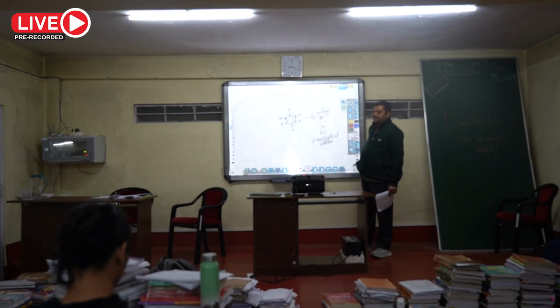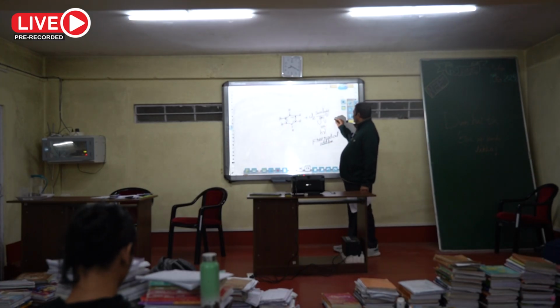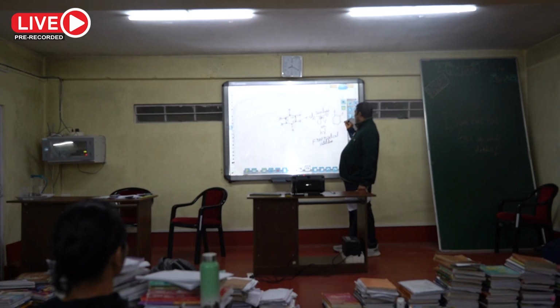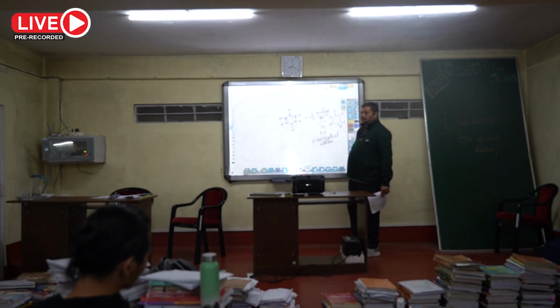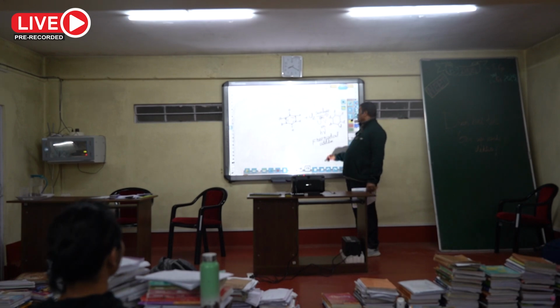At the place of each pi bond, 2 chlorines are added. So in the resulting compound, at one pi bond, second pi bond, third pi bond, two chlorines are added each. It is addition, not substitution.